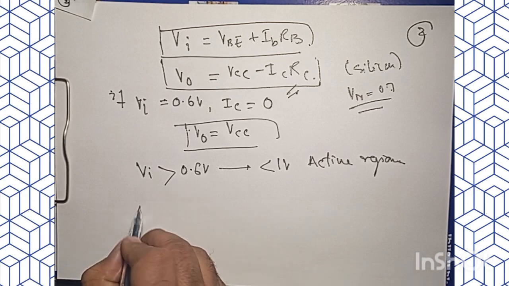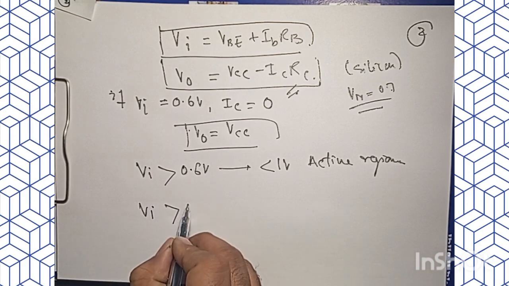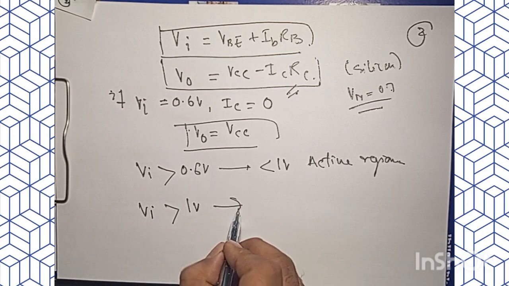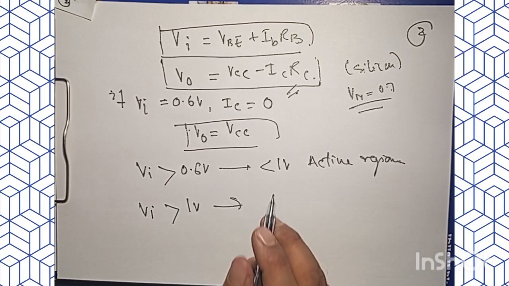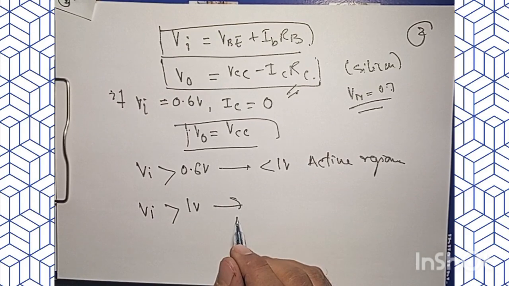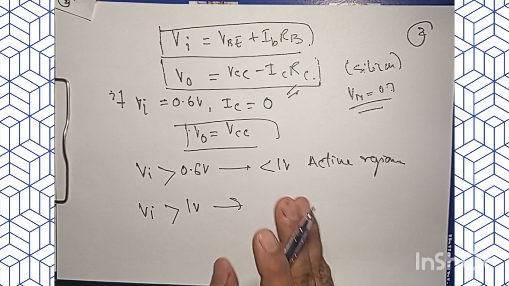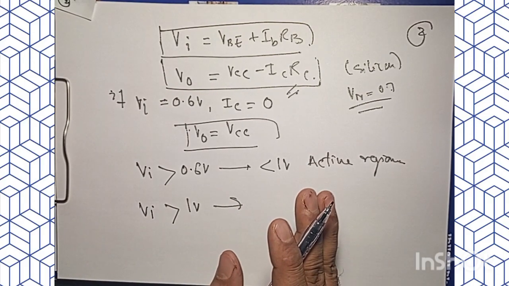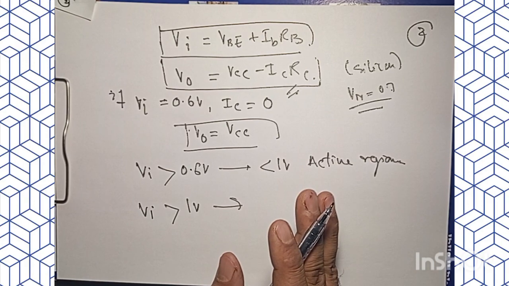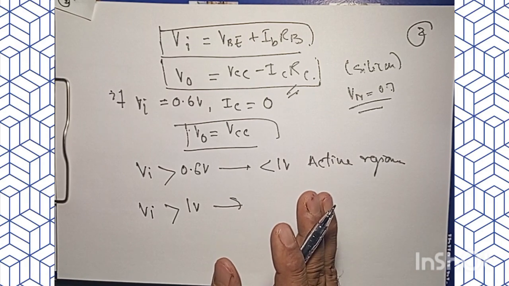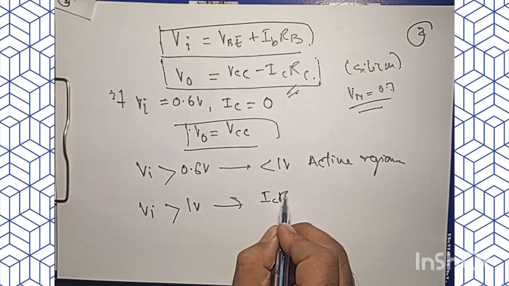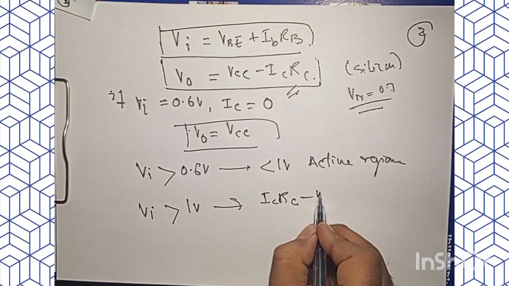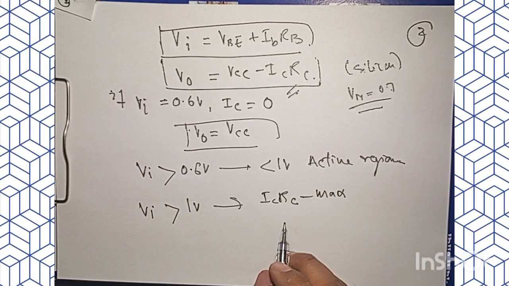And now if I take VI greater than 1 volt, in this case the transistor will have the maximum possible collector current. So what's going to happen here? This ICRC will be maximum, right?